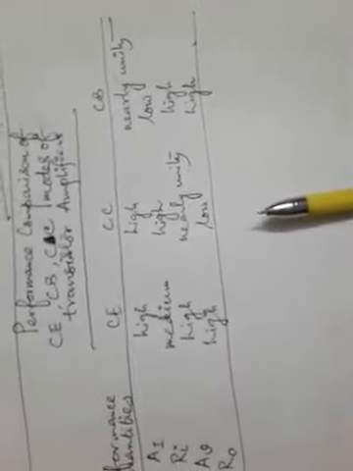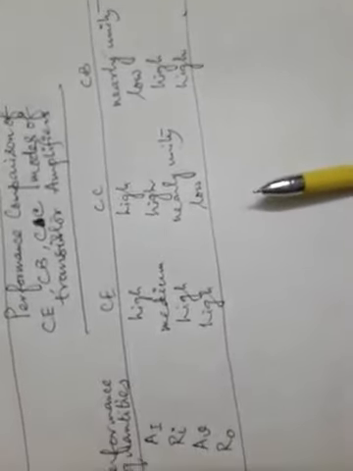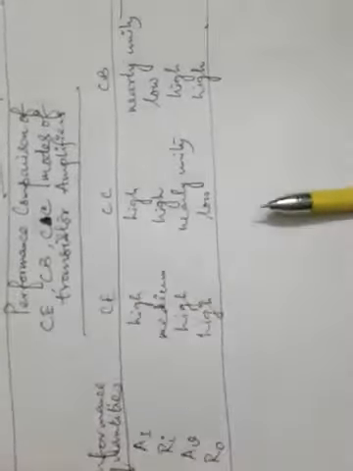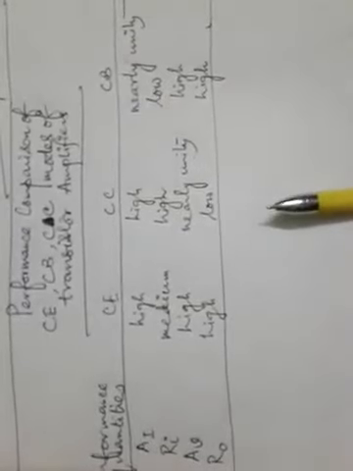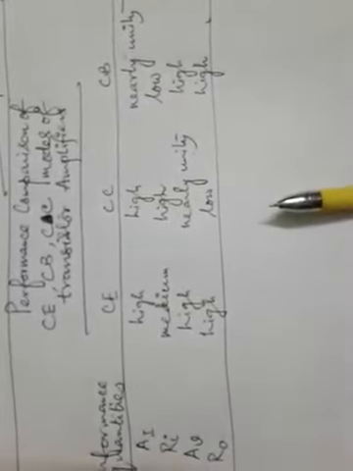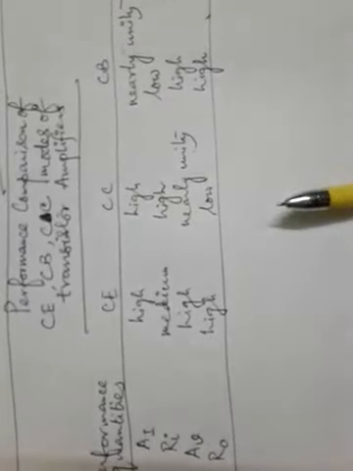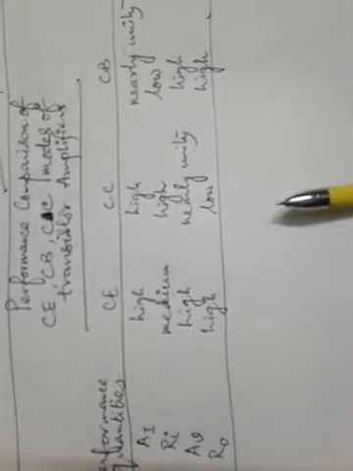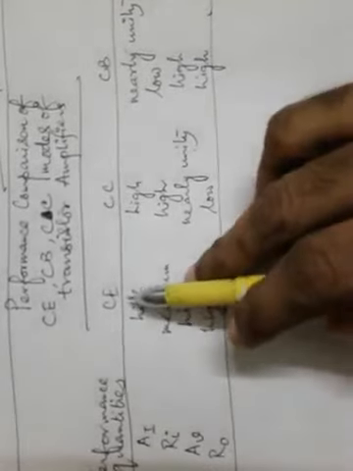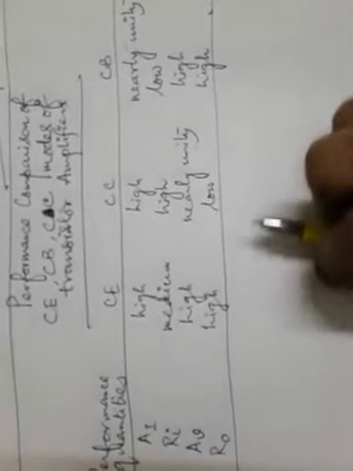So these are the general performance observational characteristics for these three modes. Now it is evident from this table that the common emitter mode only provides current and voltage gains greater than unity. Therefore this CE mode is suitable for voltage, current or power amplification. The input and output resistances are intermediate compared to those of the other two modes, that is CC and CB.